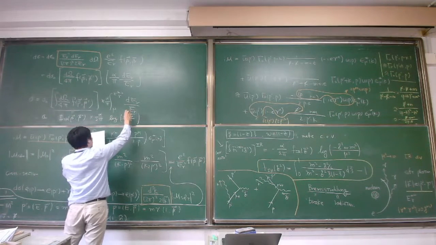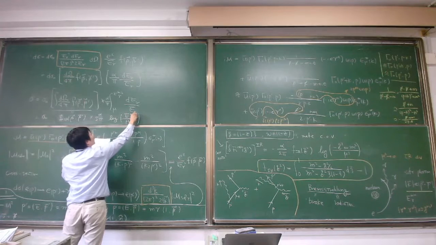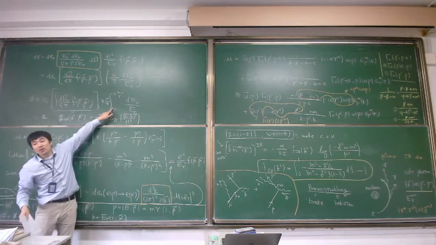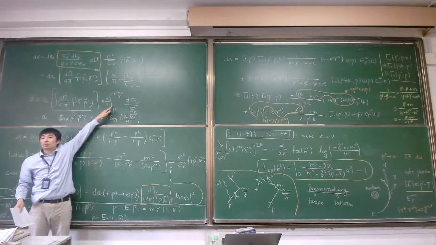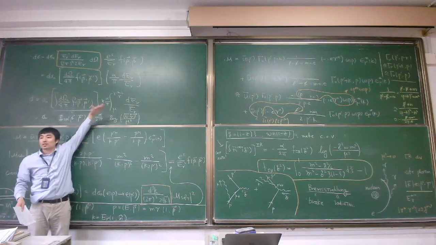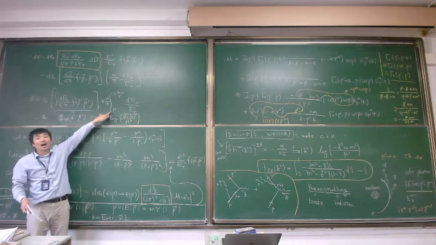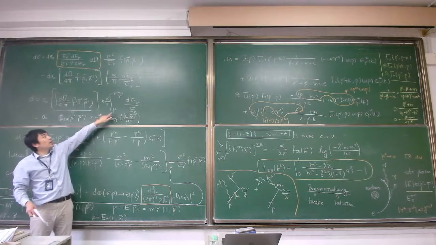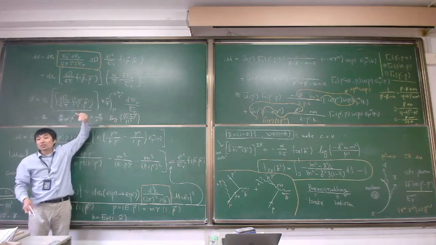I think I should write them squared. So here, mu is the IR cutoff. If you put 0, it becomes divergent. So this is the IR cutoff I introduced before, but mu eventually goes to 0.